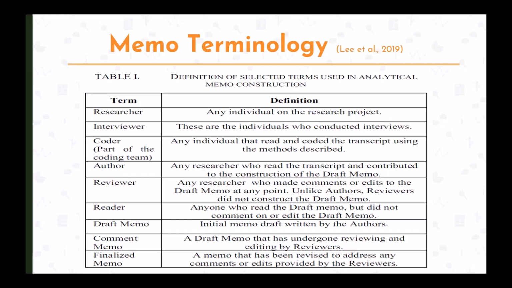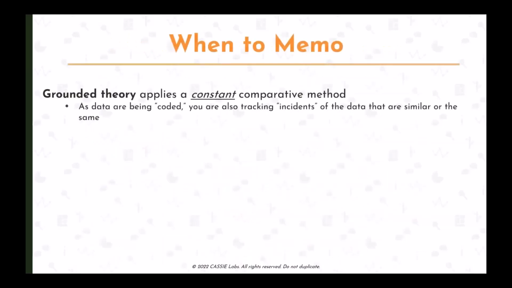So let's get into the when, what, and hows of memo writing, because it's one thing to be told what a memo is or what its purpose is, but we want to know how to actually do it.